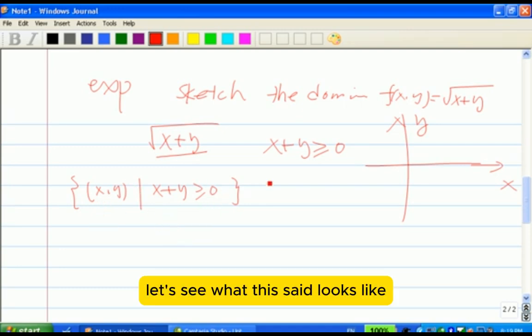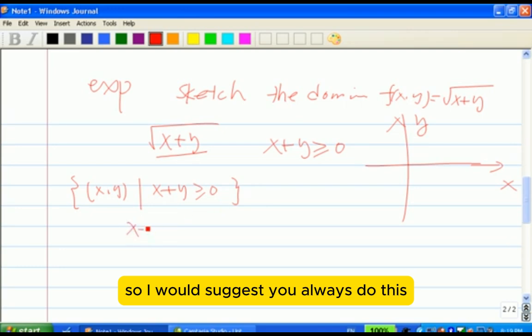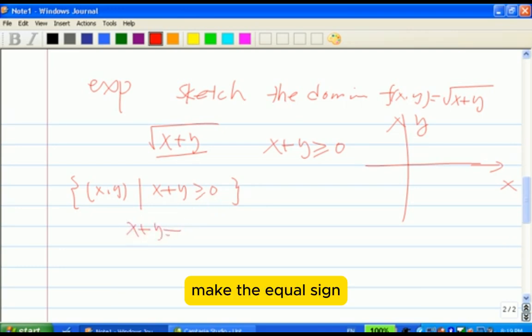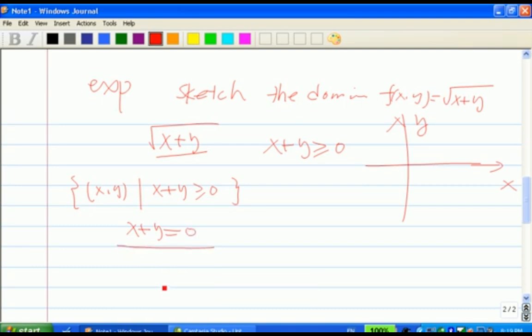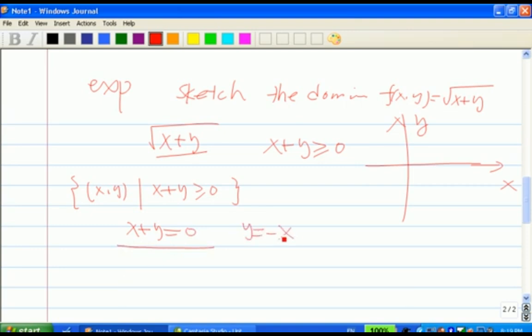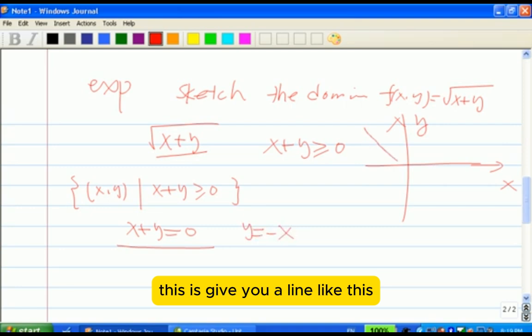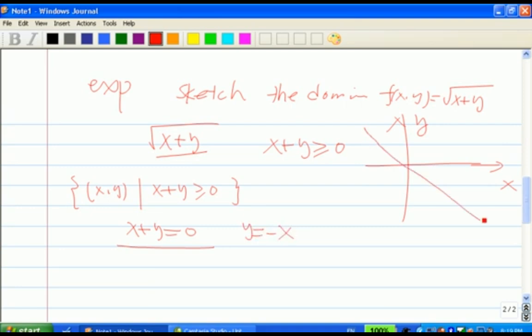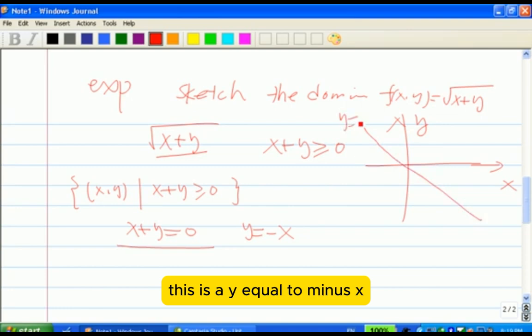Let's see what this set looks like. I would suggest you always do this: make the equal sign. What is this? x plus y equal to 0, or you can say y equal to minus x. This will give you a line like this. This is y equal to minus x.